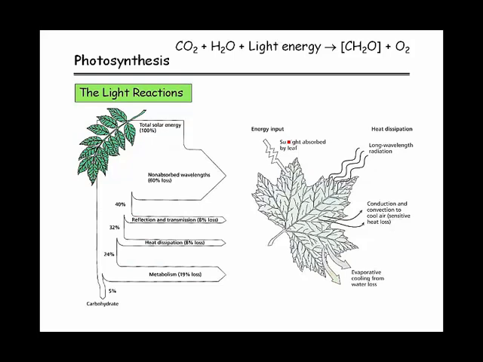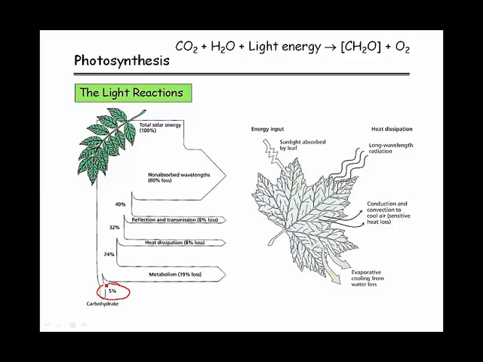Right away, 60% of that energy will be lost in the form of non-absorbed wavelengths. Another 8% will be lost because it is reflected or transmitted. We will have 8% again lost as heat, and then we will lose some in metabolism as well. So when all is said and done, we're going to get about 5% of the light energy packed away in the form of a carbohydrate.